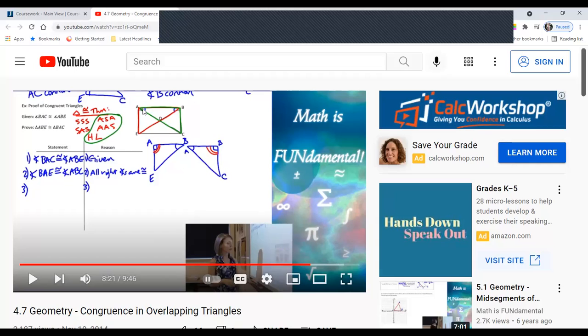The one that is given is angle PAC congruent with angle ABE. Now you need to prove that triangle ABE is congruent with triangle PAC.